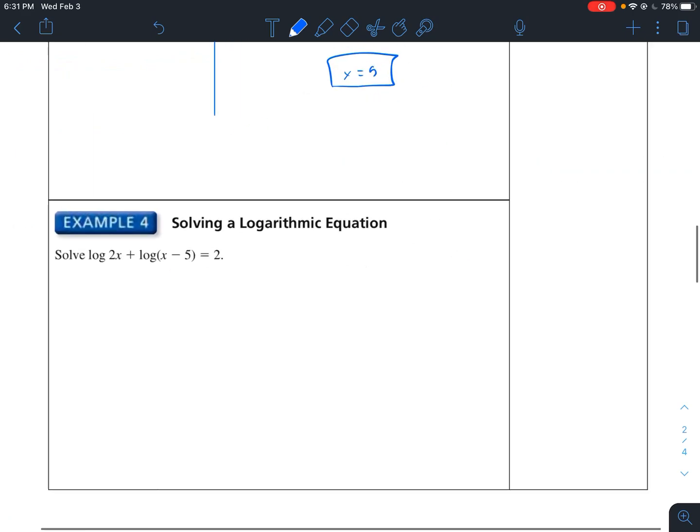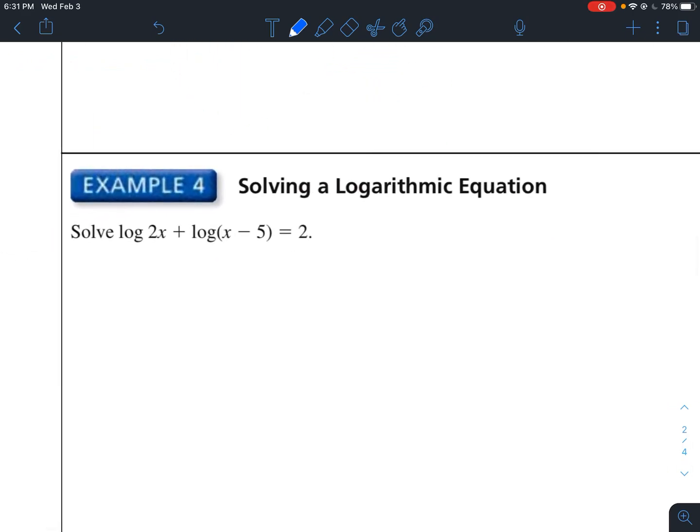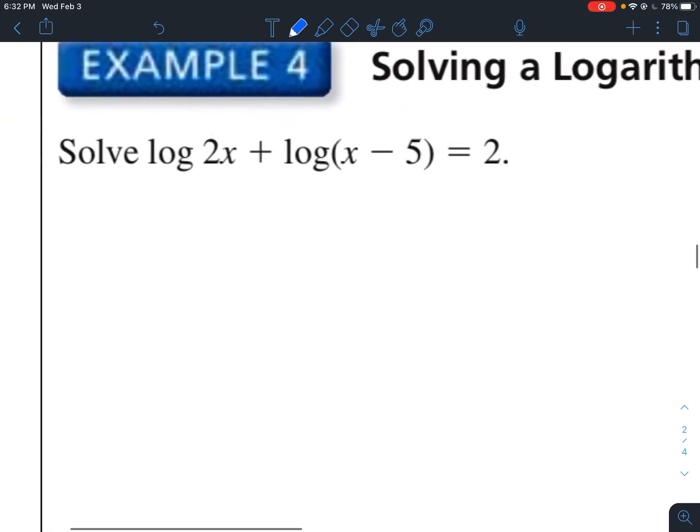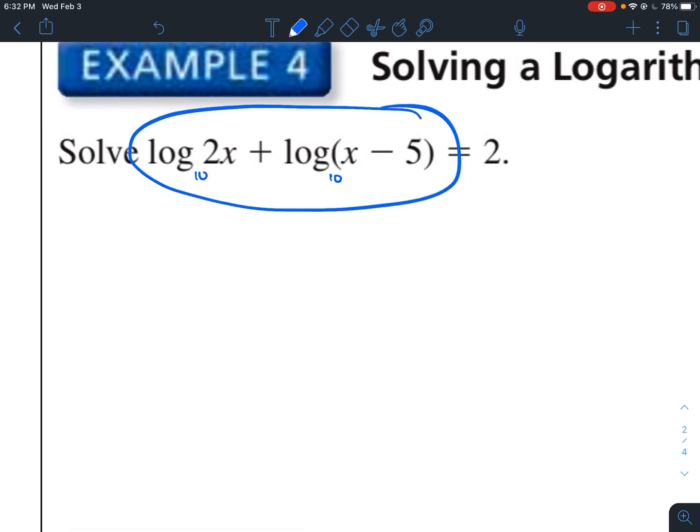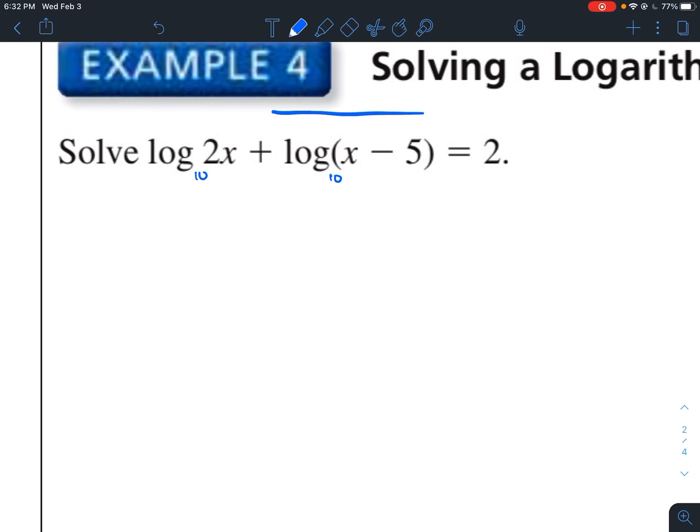First of all, notice that because these are log base 10 and they are being added, I can condense these logarithms using the product property of logarithms, taking these two logarithms and condensing them into one.